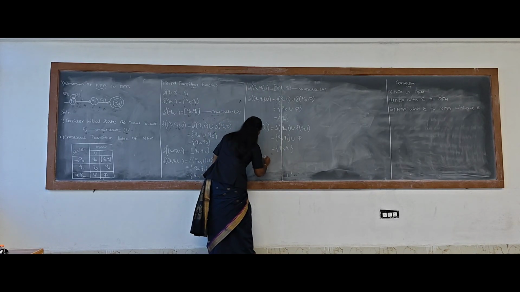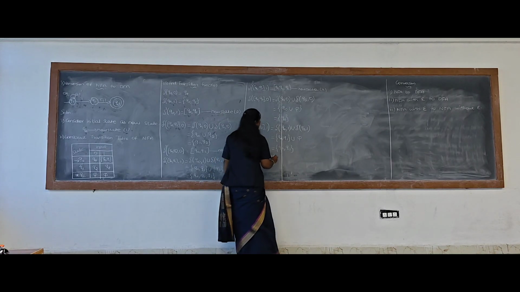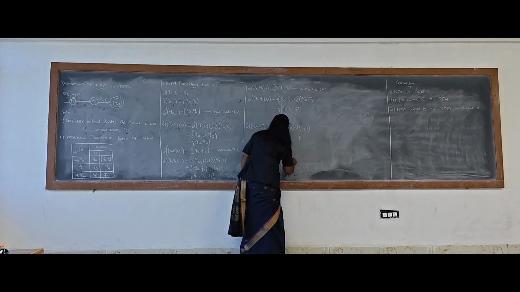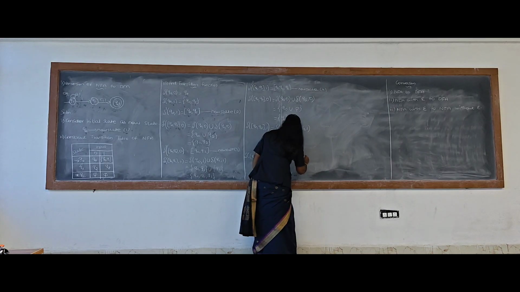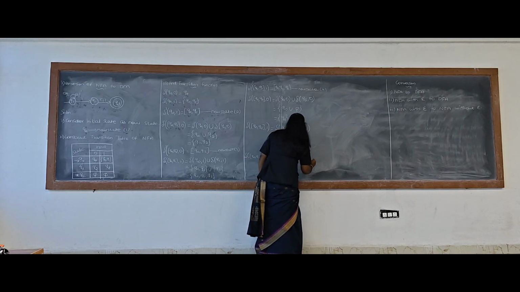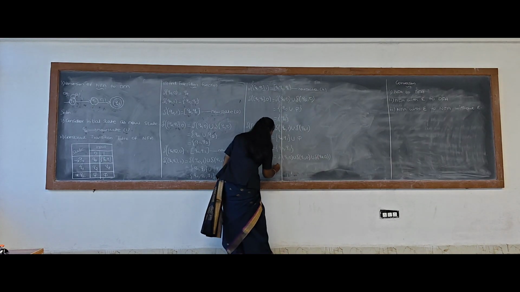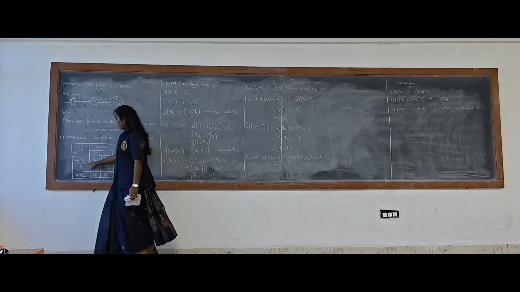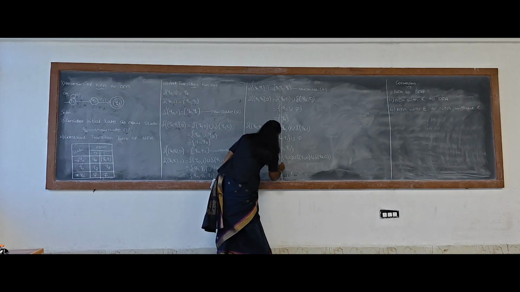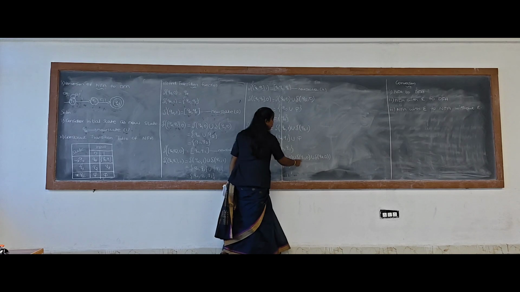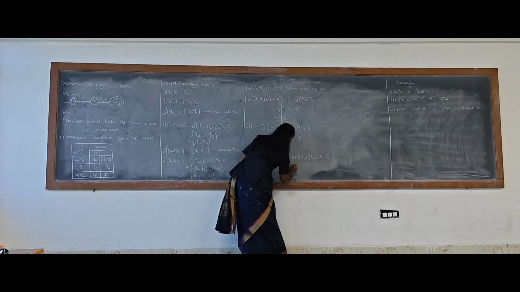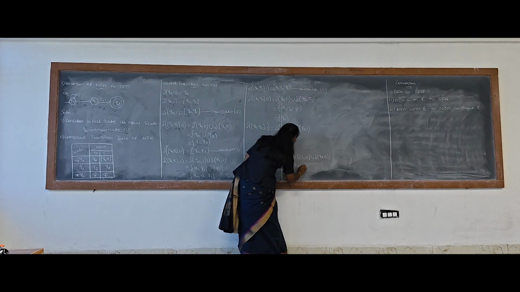Here we can write this as transition function of q0 comma 0 union transition function of q1 comma 0 union transition function of q2 comma 0. q0 comma 0 means q0. q1 comma 0 means q2. q2 comma 0 means there is no transition, which means phi.